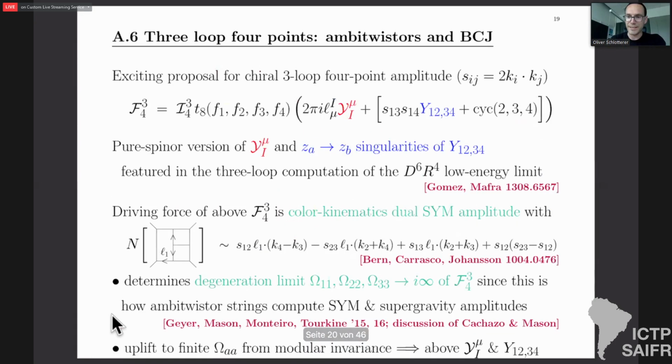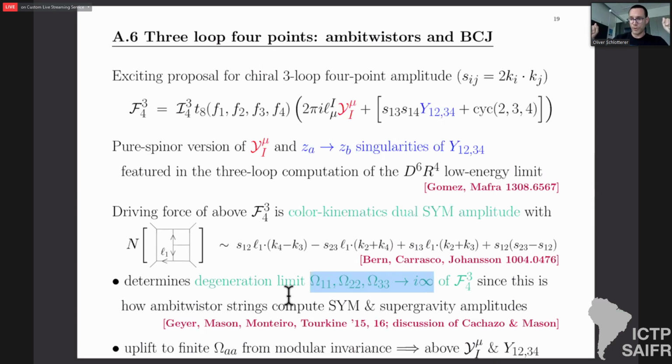Okay, let me try starting from here. Yeah, so the ambitwistor approach at loop level has certain scattering equations for the complex structure moduli that localize you on this degeneration limit, where the diagonals go to i infinity and where the A cycles pinch. And then your genus 3 surface is mapped to a multinodal sphere.